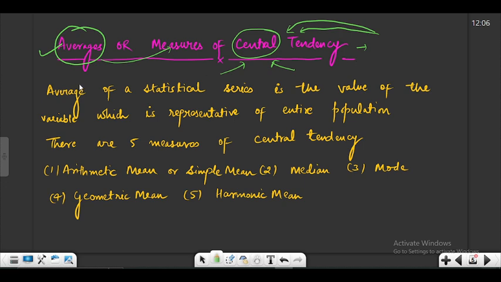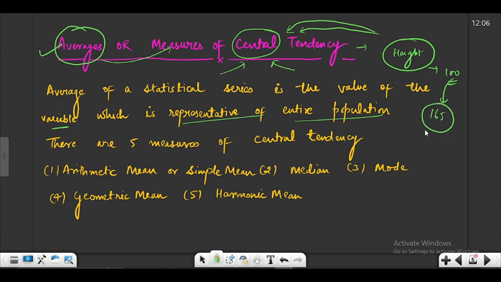The average of a statistical series is the value of the variable which is representative of the entire population. Like we talked about the height of all the males in a city. Suppose we have the data for 100 people. Now if I take the average of all the heights, say it is equal to 165 centimeters, then in general I can say that this city, which has 100 males, has on average a height of 165 centimeters.